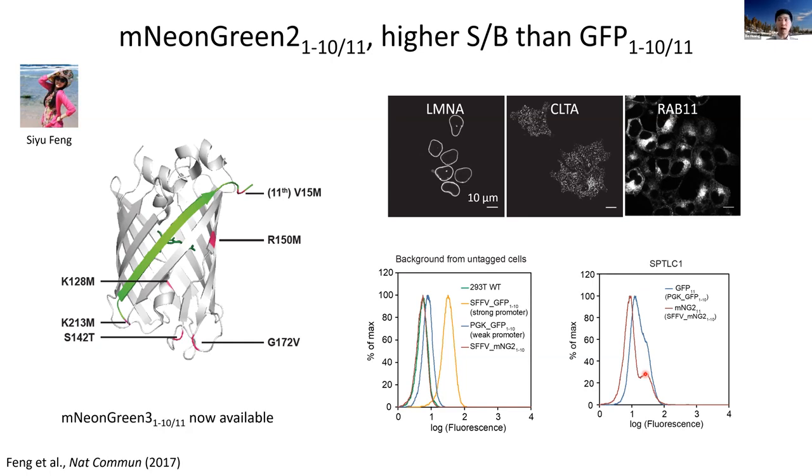And very recently, we have the third generation, mNeonGreen 3, that has improved complementation efficiency compared to the mNeonGreen 2 system. So with the mNeonGreen system, with the ability to build small libraries, I'm going to very quickly go through one example where we have applied this method for the screening of proteins in the pathway.